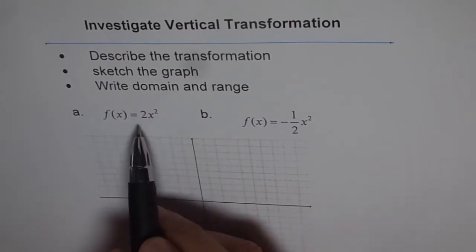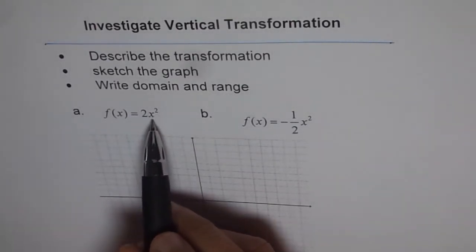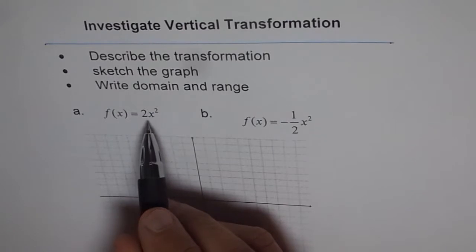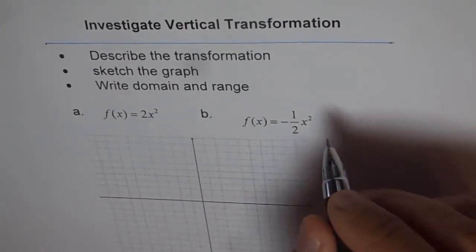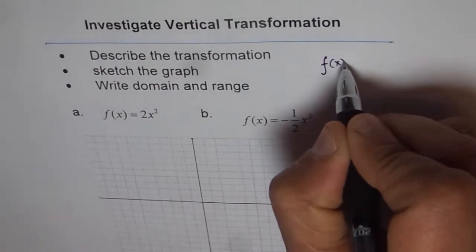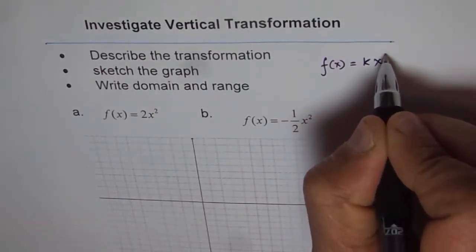So in the first case, when we multiply the function by a number, then it is vertically stretched or compressed. If the number is more than 1, then it is vertical stretch. So here the transformation in A will be vertical stretch. In general we normally write f of x equals k times x squared, right?